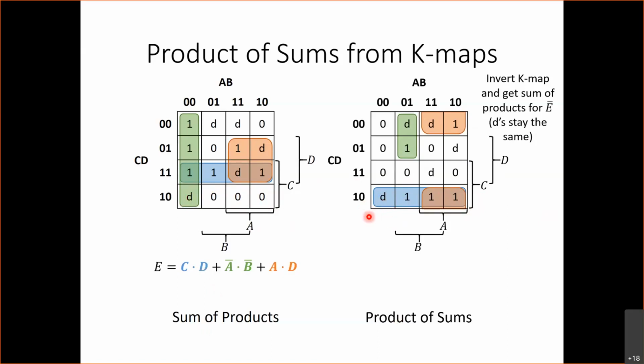Okay, so what does this blue rectangle represent? Right, it's C and not D, exactly. What about the orange one? Right, it's A and not D. What about the green one?